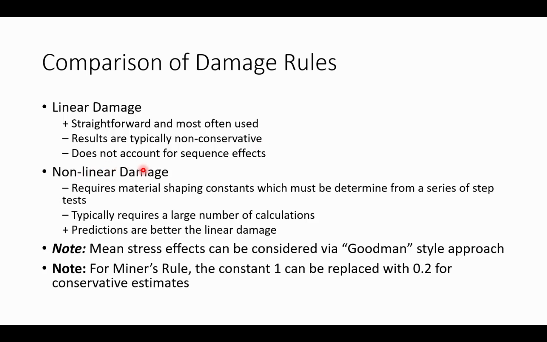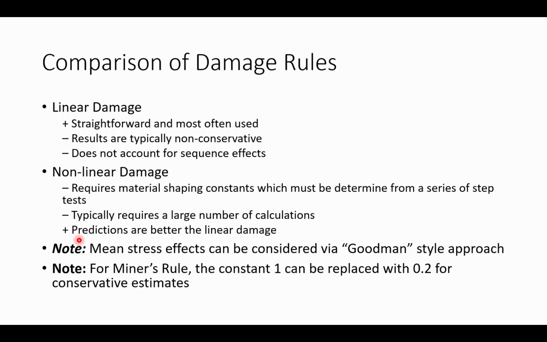Nonlinear damage rules require material shaping constants, which must be determined from some stepped stress testing. And typically, because it's nonlinear, it requires a larger number of calculations compared to linear damage. But nonlinear damage rules give us much better predictions. And so most of the recent work is using nonlinear damage evolution equations.